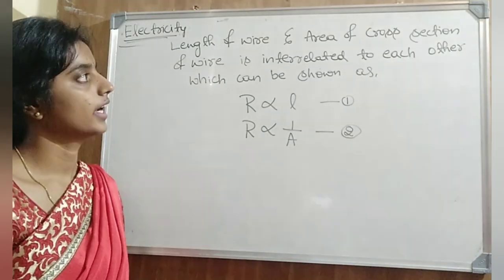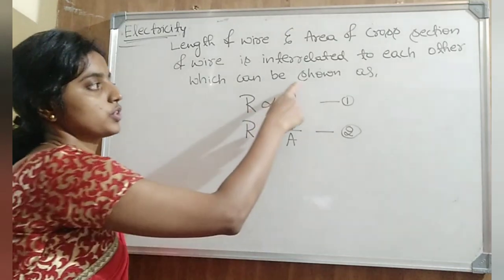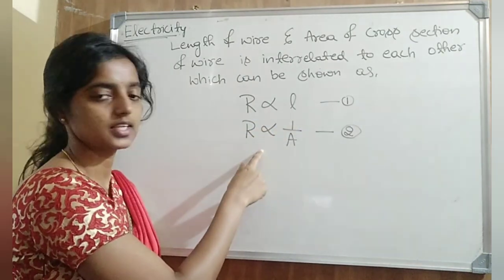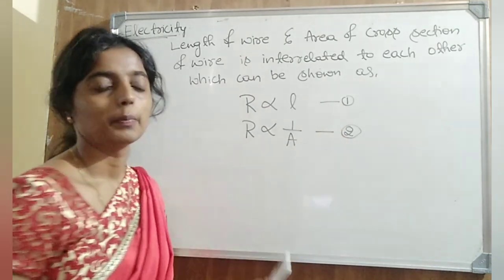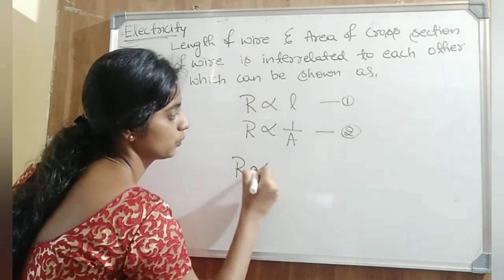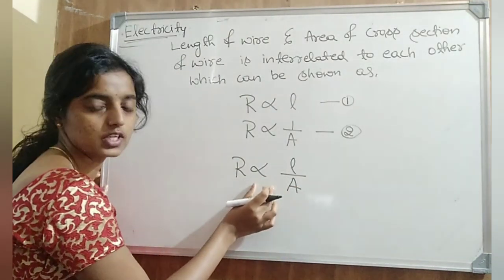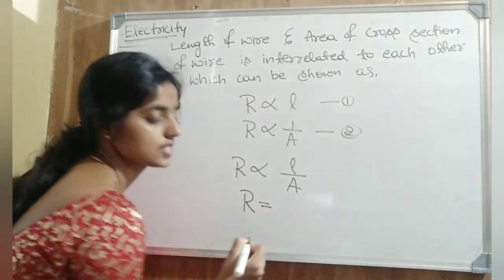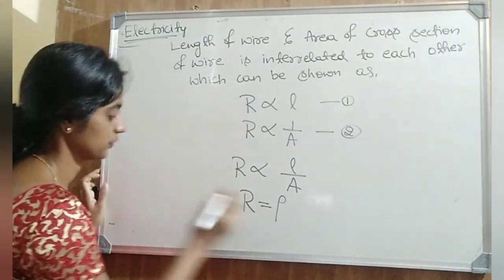Length of wire and area of cross section of a wire are interrelated, which can be shown as R is directly proportional to length and R is inversely proportional to area, called equation 1 and equation 2. By combining equation 1 and equation 2, we get R is proportional to L by A. To remove the proportionality, we will introduce a proportionality constant called electrical resistivity, whose symbol is rho.